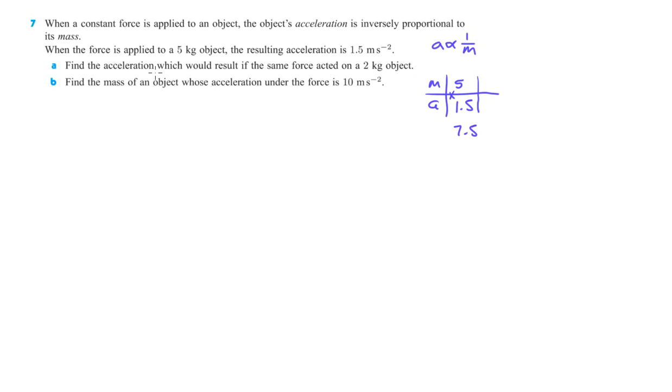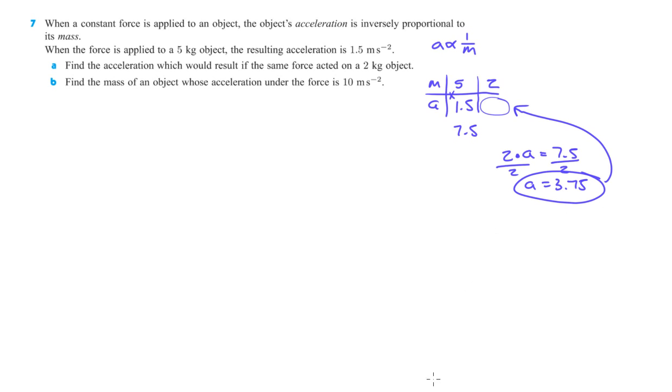Okay, so find the acceleration which would result if the same force acted on a 2 kilogram object. So that is going to be a 2 here, right? One way you could look at this is, I know 2 times some number, A, has to equal 7.5. So I simply divide both sides by 2 and get that A is going to be 3.75.